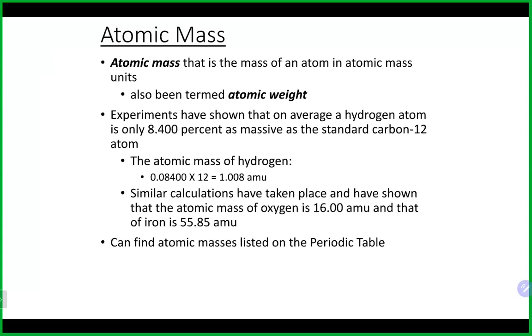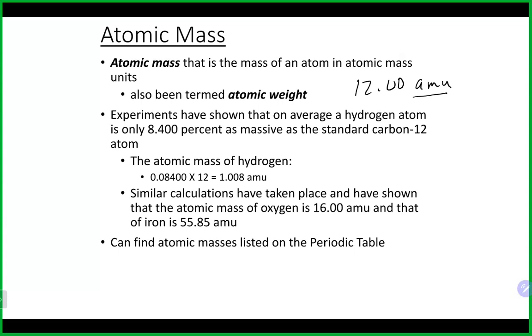And for atomic mass, they actually chose an isotope of carbon as the standard. They chose the carbon-12 isotope. The carbon-12 isotope has a mass of what's known as 12 AMU, an atomic mass unit. That is just a unit of atomic mass as taken from the periodic table.